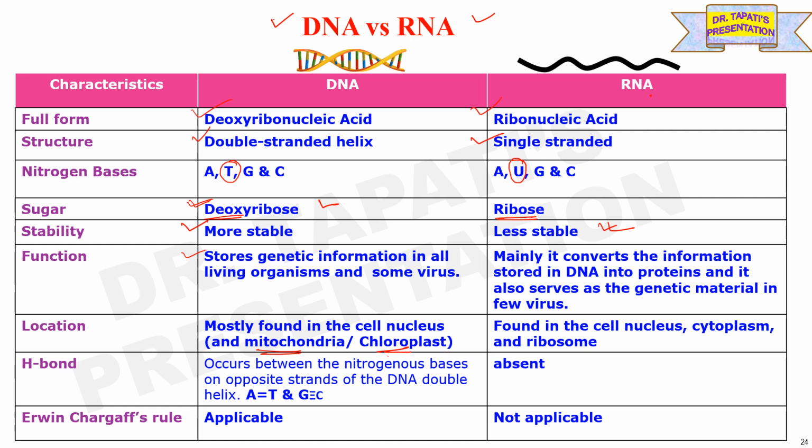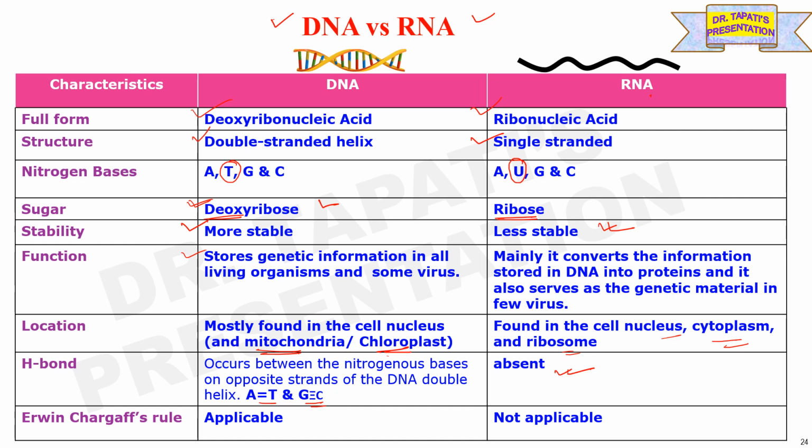RNA is found in the cell nucleus, in the cytoplasm, or in the ribosome. Hydrogen bonds occur between the nitrogenous bases on opposite strands of the DNA double helix, and in that case A creates a double hydrogen bond with T, and G creates a triple hydrogen bond with C. Whereas hydrogen bonds are absent in case of RNA.